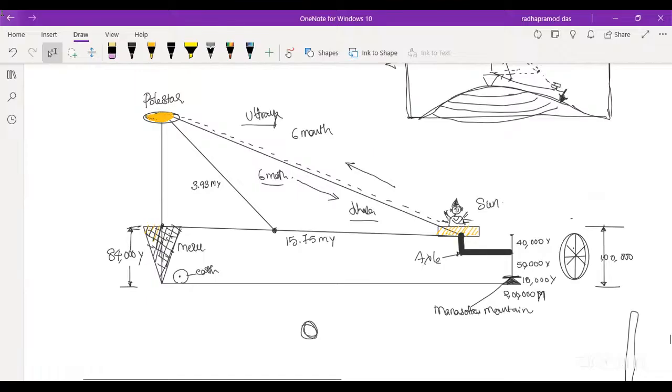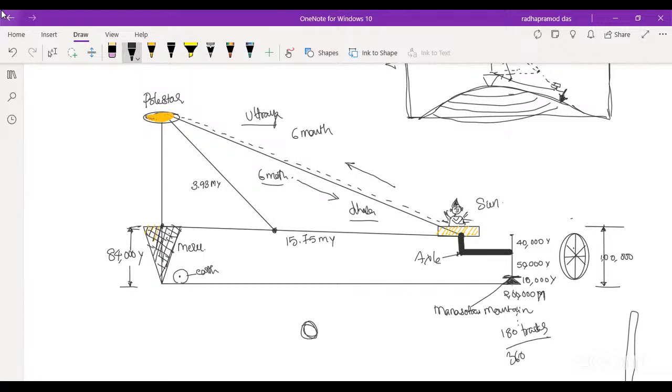And here there are 180 tracks on this 2 lakh mountain. On this part there are 180 tracks, so 180 on the left. This wheel goes 180 tracks. Once it goes left, on the other side it comes right. Then it becomes a total of 360 tracks, so it completes one year.